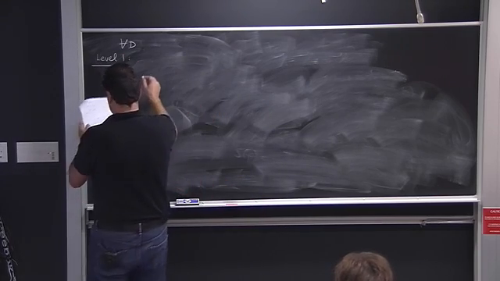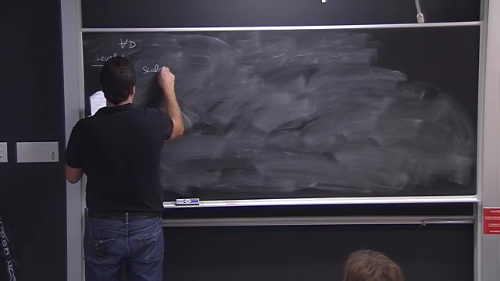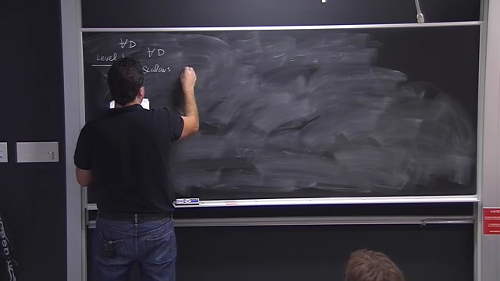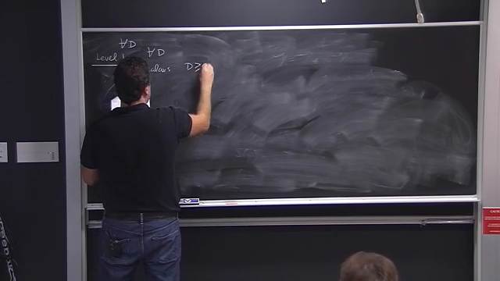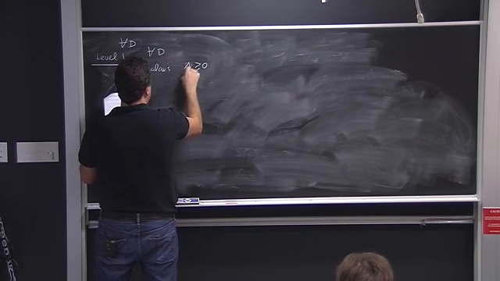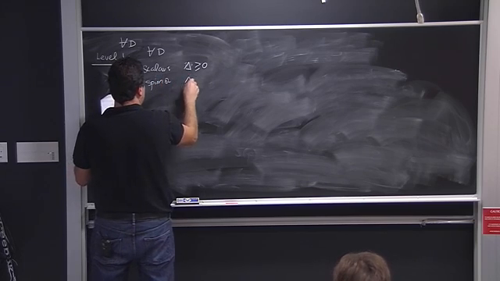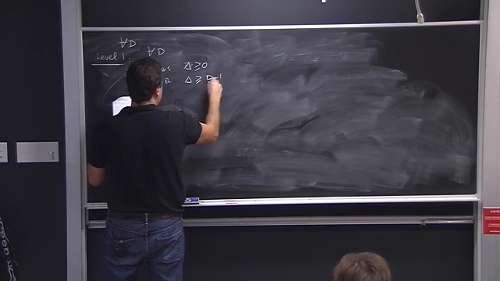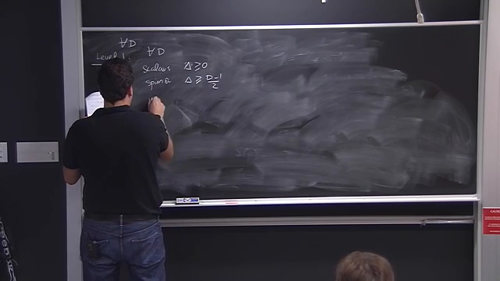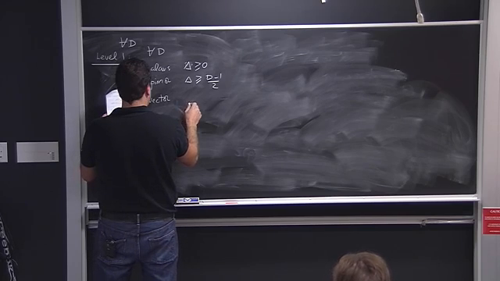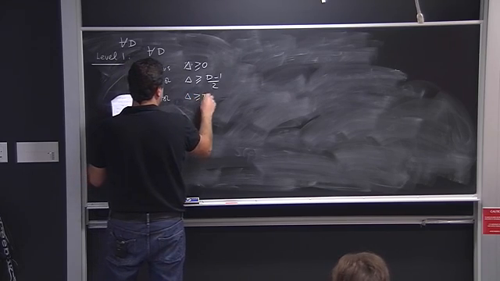But we find that the scalar, in any dimension, has to be bigger than 0. For a spinor, it has to be equal to d minus 1 over 2. And for a vector, it has to be bigger than d minus 1.